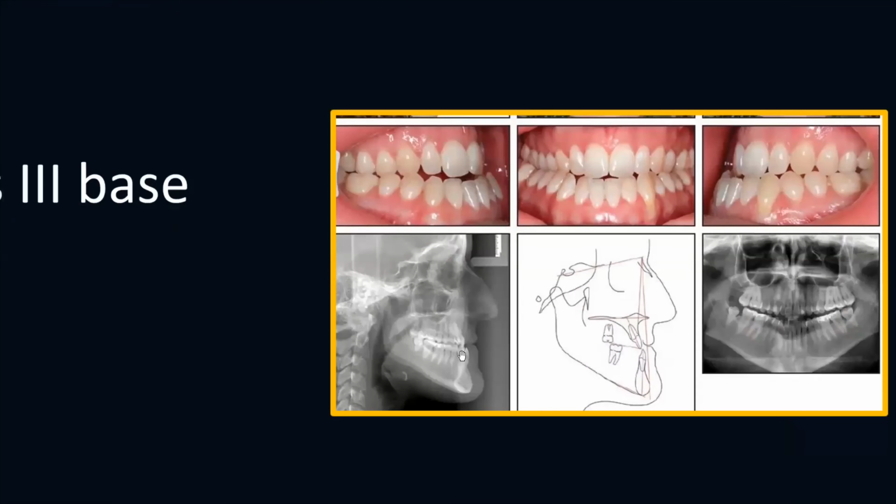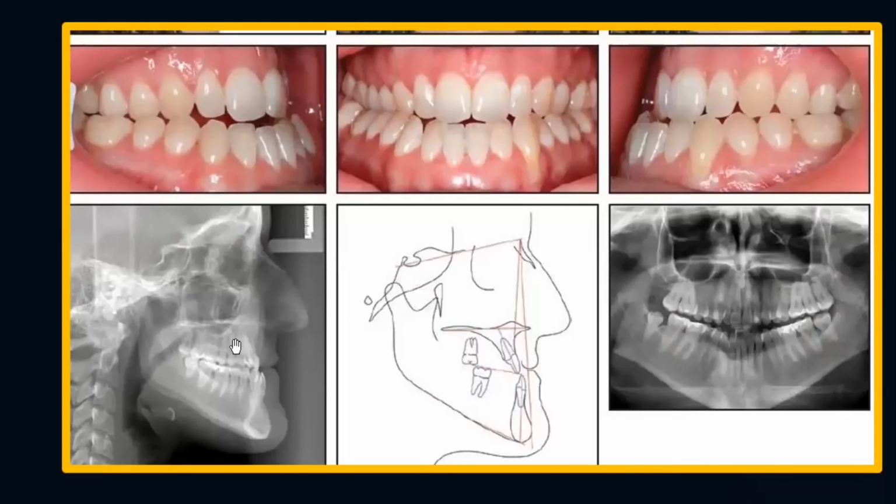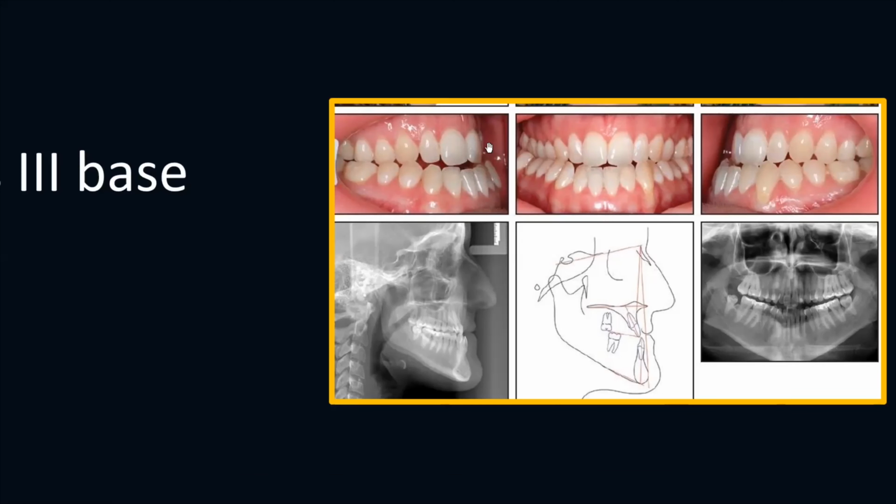As you can see in this photograph, the maxilla is posteriorly positioned and the mandible is ahead of the maxilla. If the whole jaw is not in proper position because of deficient growth or any other reason, and the maxilla as a whole is posteriorly positioned, then all of the teeth attached to this bone are in reverse overjet.